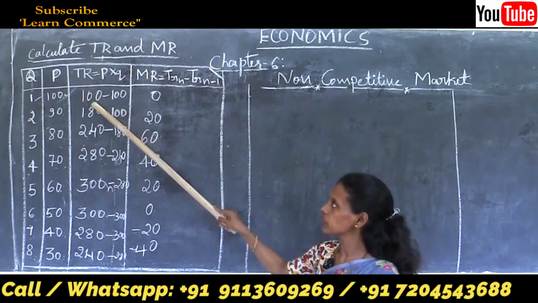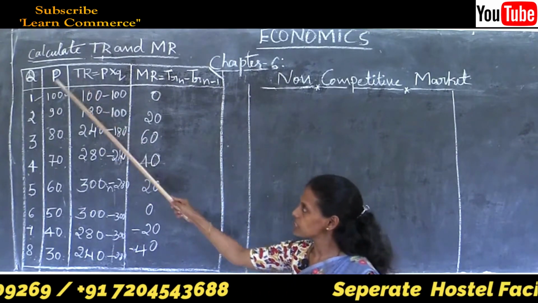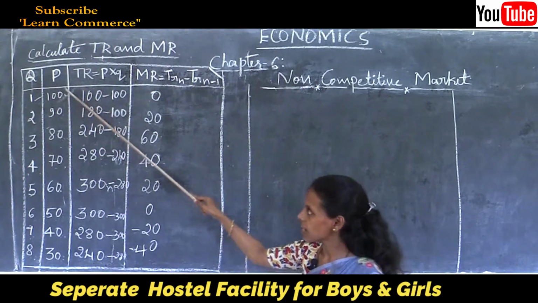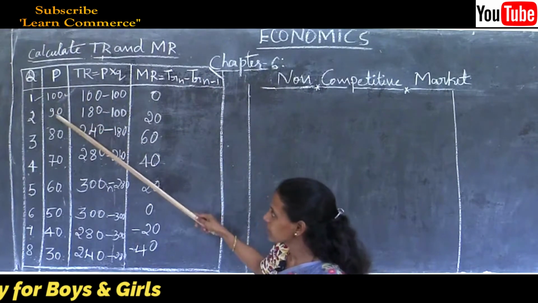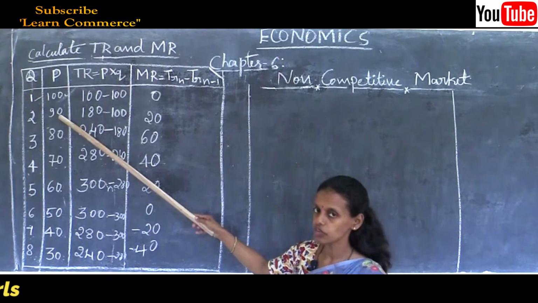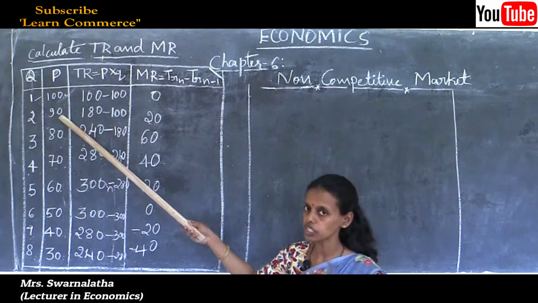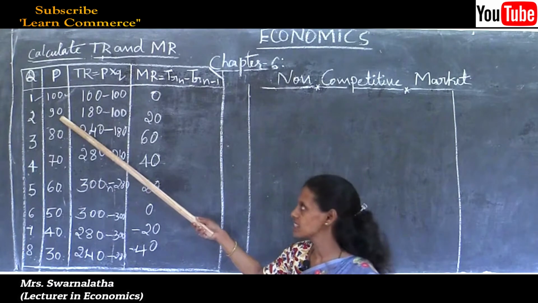Total revenue of the first unit: TR is P into Q, 100 into 1 is 100. Next, P is 90; price decreases as the output increases, because the monopoly firm keeps a lower price in the hope of getting maximum profit.